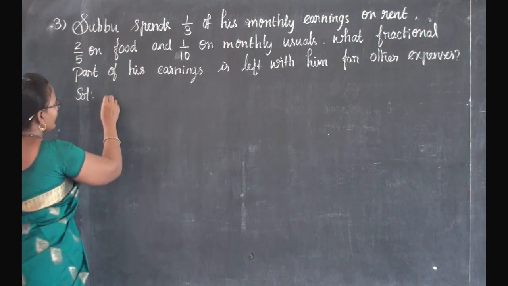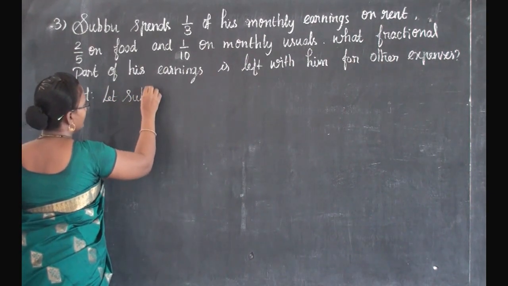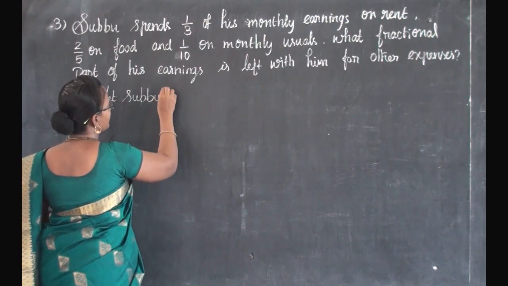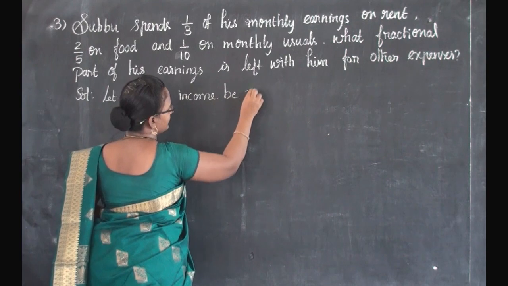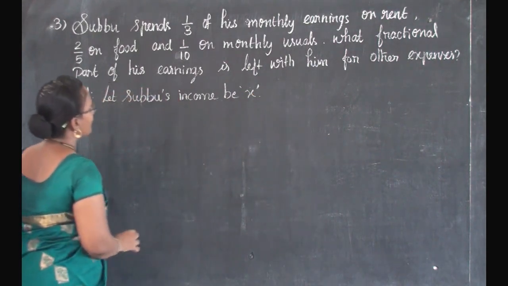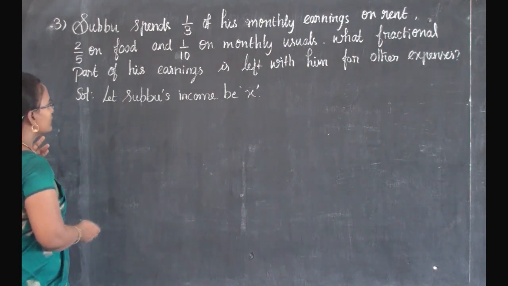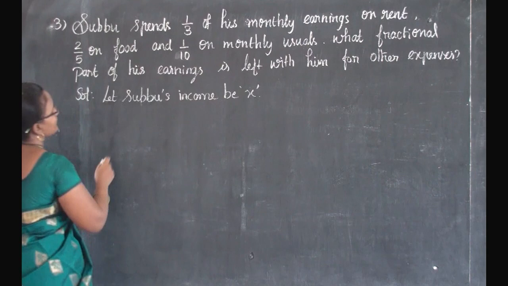Listen, let Subbu's income be x. We don't know how much his earnings are. So Subbu's income be x.